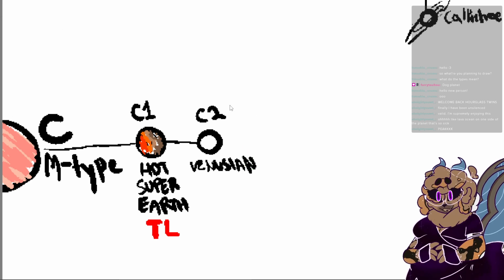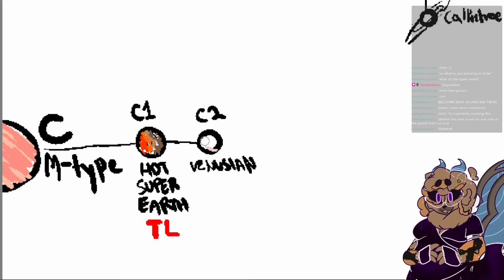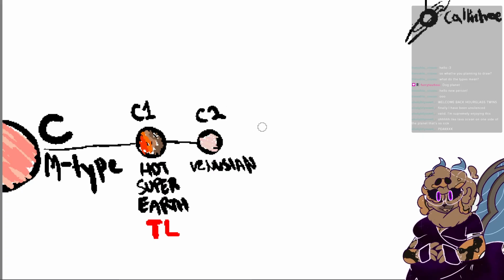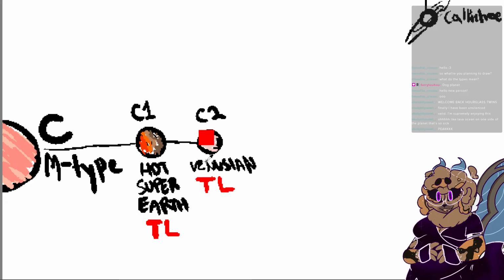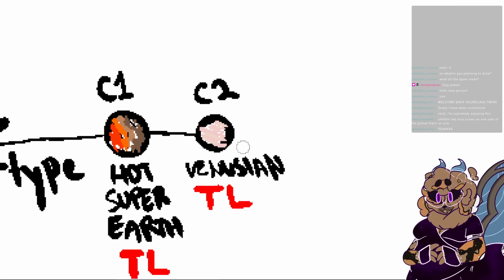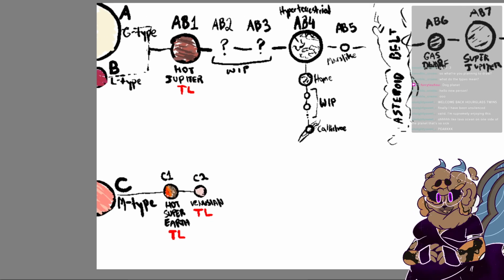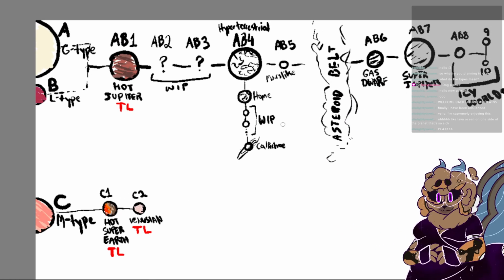Yeah, that works to illustrate it. I don't really give a shit, not yet at least. There we go. But yeah, this thing, I'm pretty sure reasonably this would also be tidally locked. So it'll probably have strong winds sweeping from one side to the other, which I think will be really cool.